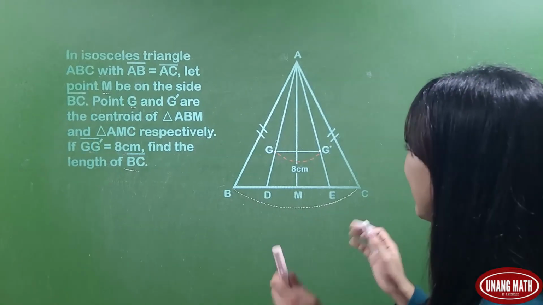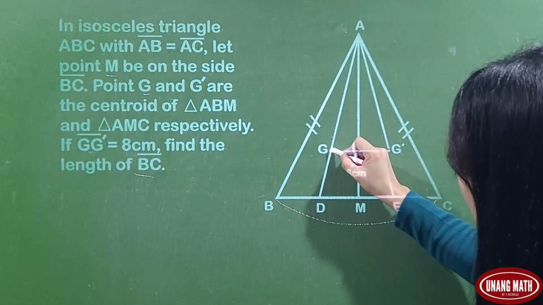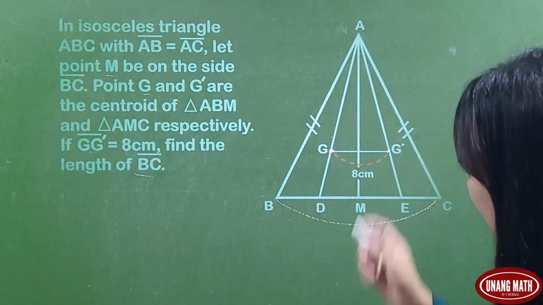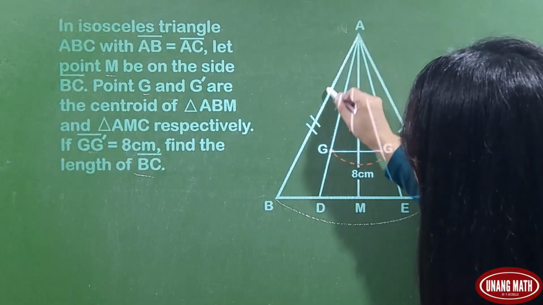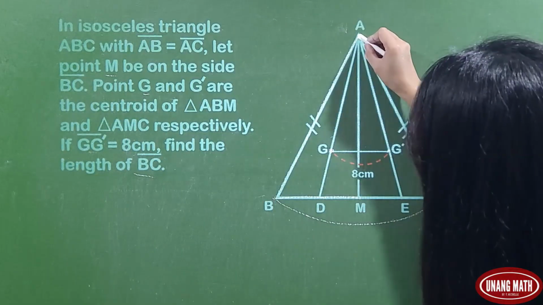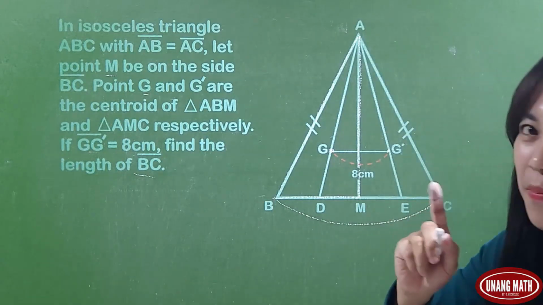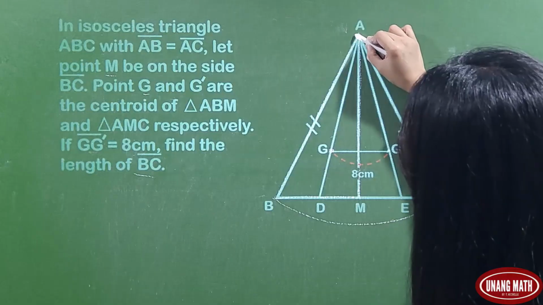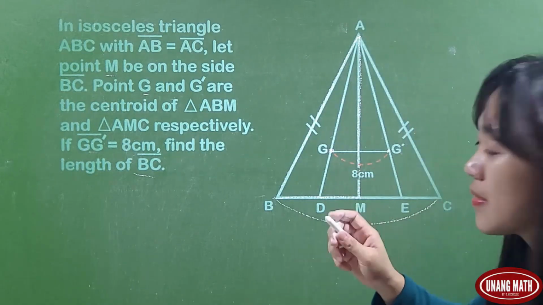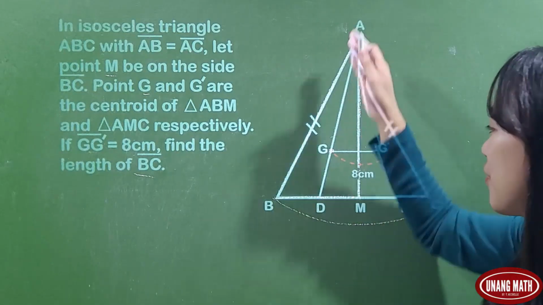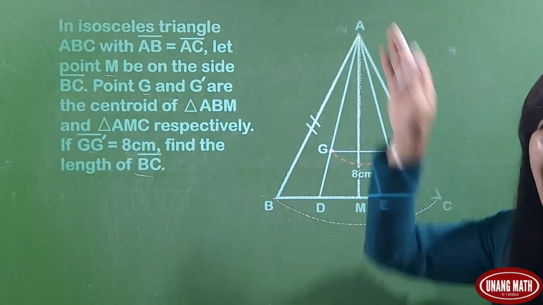Since it's given that point G is the centroid of triangle ABM, then from this vertex to this point, this segment AD is a median for this triangle ABM.